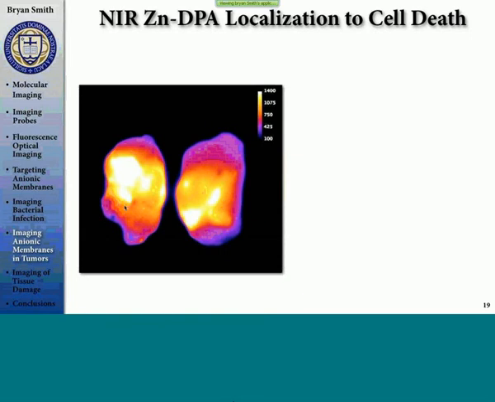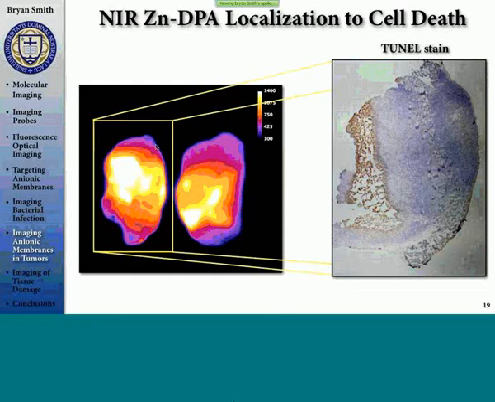To test whether or not we're targeting this necrotic core, I excised the tumor out of the mouse, and then I cut it in half along the longest axis and opened it up like a book so that the inner core would face the camera when I placed it down on the image station. Then I took an image, and we see that these high fluorescence intensities are heterogeneous and not homogeneous throughout the whole tumor.